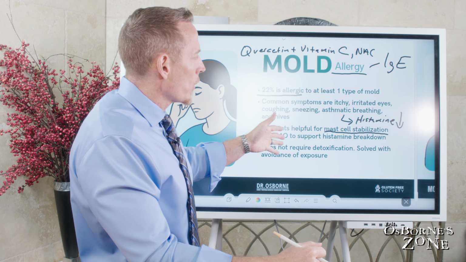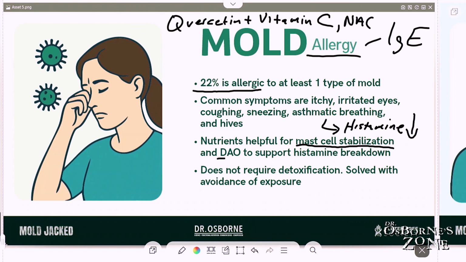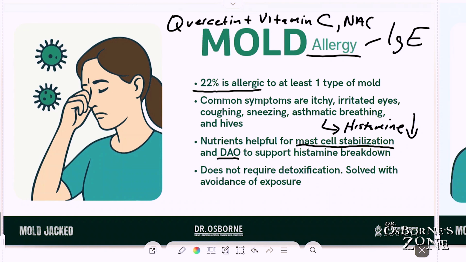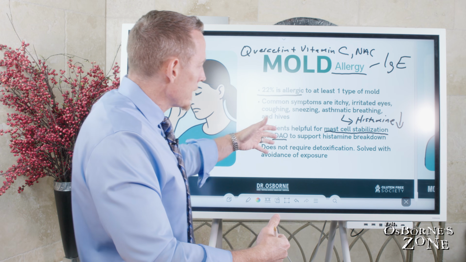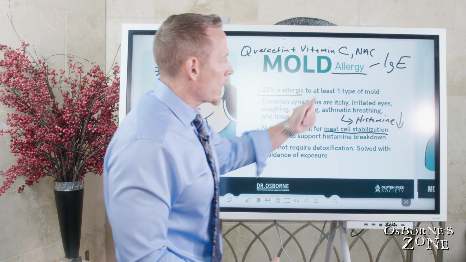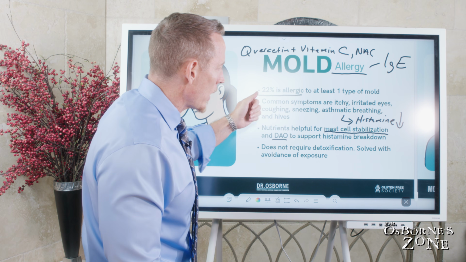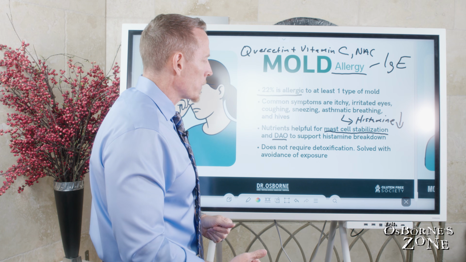And then we can also break down histamine, and there's a specialized enzyme called DAO, diamine oxidase, that helps to support histamine breakdown. Now this enzyme, your body can produce it, but many of you, because you're in mold, damages your ability to make this enzyme, and so you're at a loss, right? You're more reactive, having more allergy type symptoms because mold toxicity has damaged your body's ability to adequately produce DAO.